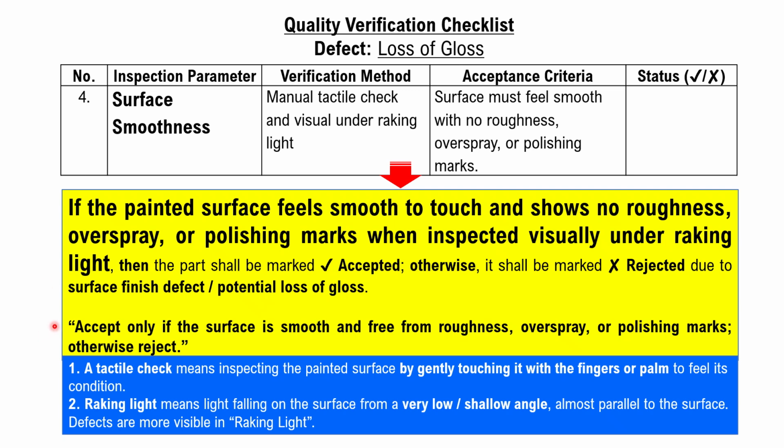Therefore, accept only if the surface is smooth and free from roughness, overspray, or polishing marks. Otherwise, reject. Hence, the acceptance criteria is that the surface must feel smooth with no roughness, overspray, or polishing marks.